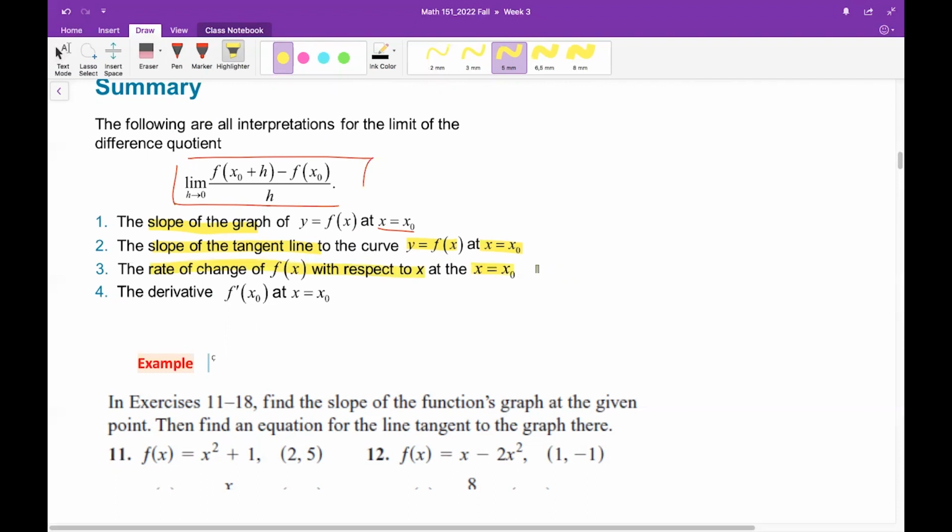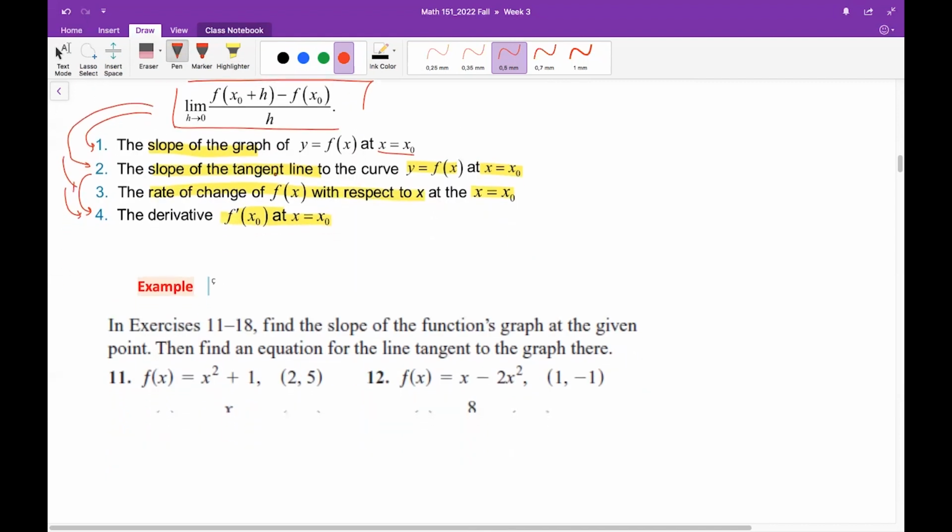In fact, it is the instantaneous rate of change, right? And finally, we related the slope of the tangent line with the first derivative, and we take this slope expression as the first derivative of your function. So we define the first derivative as the slope of the tangent line, okay? So this expression gives you all those things. They are all the same, okay?